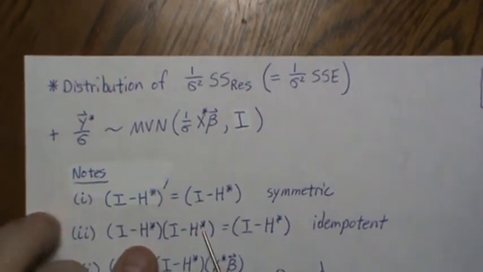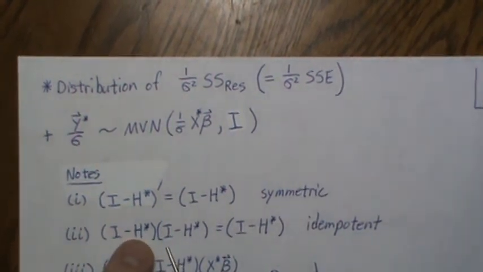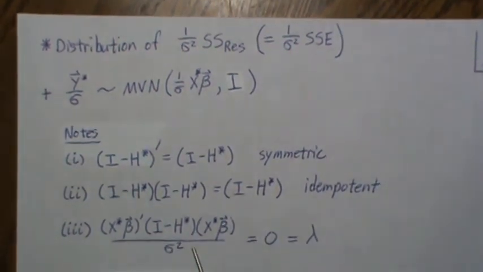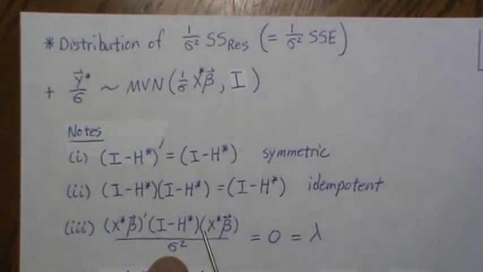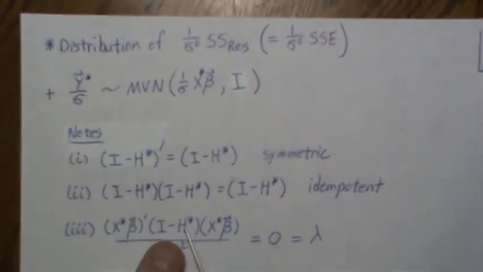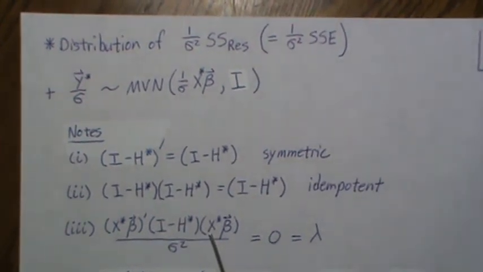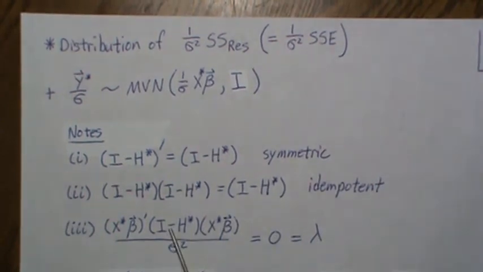It is idempotent because I is idempotent, H star is idempotent, so that makes this idempotent. This quantity, which we call lambda, is 0 because I minus H star is a perpendicular projection matrix onto the orthogonal complement space of X star, right? Multiply that in, you get 0.